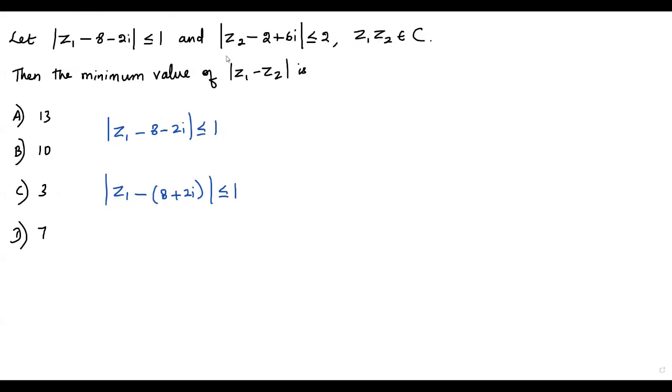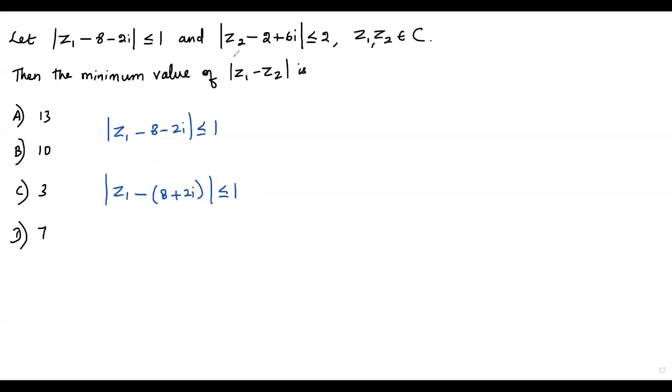So here we find the difference between the two complex numbers Z1 and 8 + 2i and take the modulus. Clearly this gives the distance between Z1 and 8 + 2i, and this distance has to be less than or equal to 1. So the distance can be equal to 1 or less than 1. That is, the maximum distance is 1.